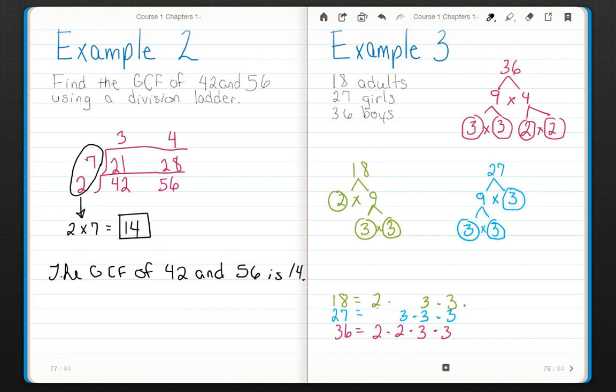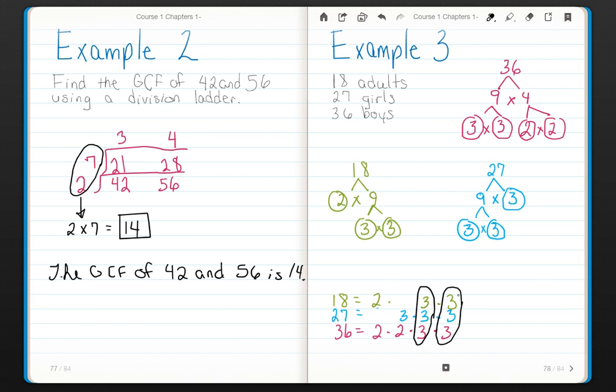So I see that this 3 is a factor in all 3 numbers, and this 3 is a factor in all 3 numbers. This 3 is only a factor of 27, not 18 or 36. And these 2's are only in 18 and 36, but not in 27.